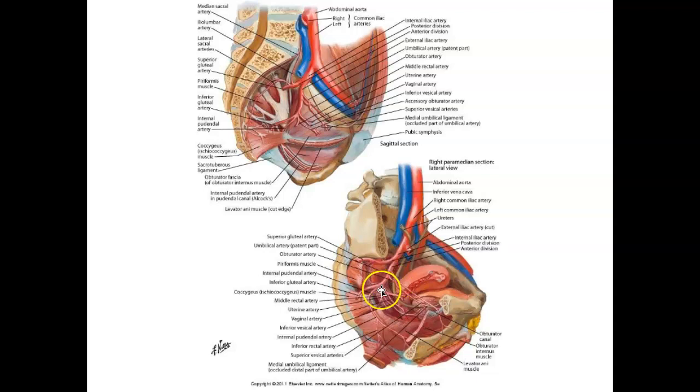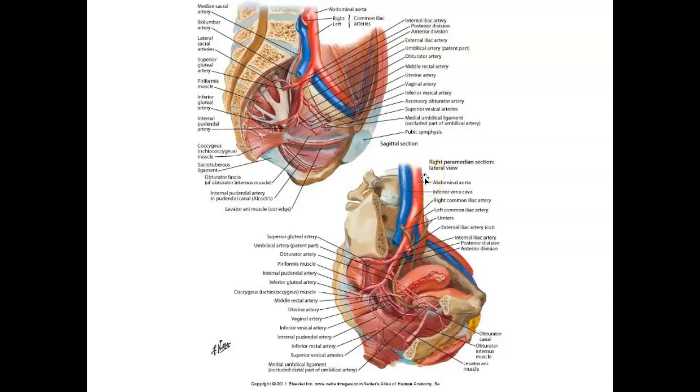The next one off here you'll see is the middle rectal artery. You can see the middle rectal here coming down to supply the rectum. Now, if you'll remember, there are three arteries that supply the rectum. Off of the inferior mesenteric, we learned way back, was the superior rectal.